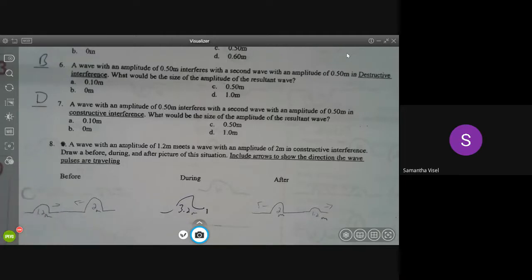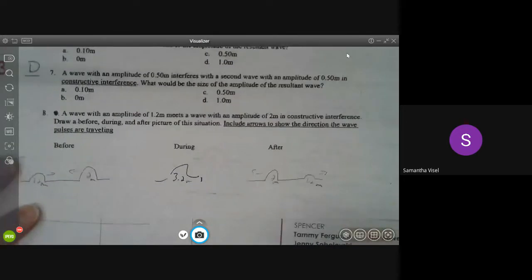I didn't specify which direction I wanted the amplitudes to go. So as long as we have both of our amplitudes on the same side, so if you have two troughs here, that would be fine as long as they're both on the same side. And one is 1.2, one is 2, then that would work for our before.